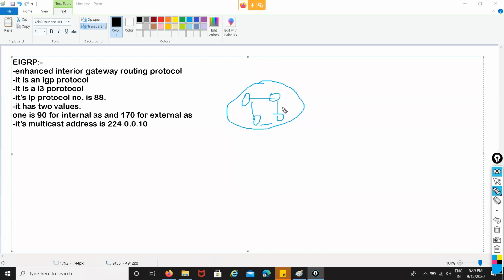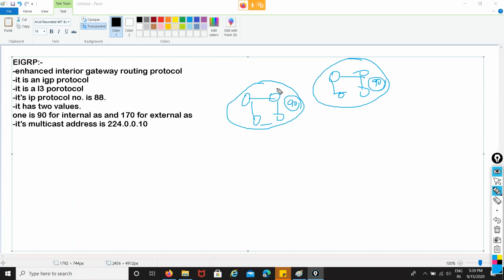To share information among these routers, if I am using EIGRP, then the routers use the 90 AD value to share information between them. Exactly the same, if I have another AS with some routers, they can also use EIGRP for internal communication.